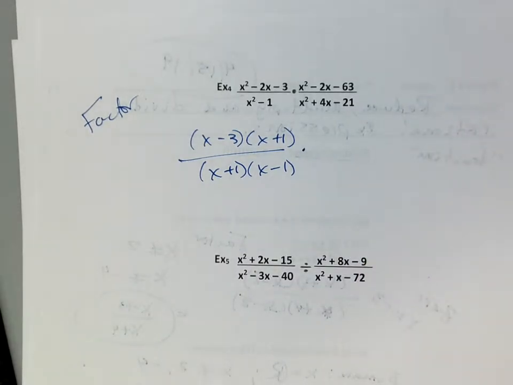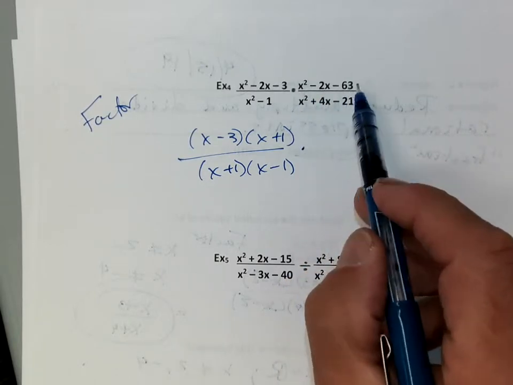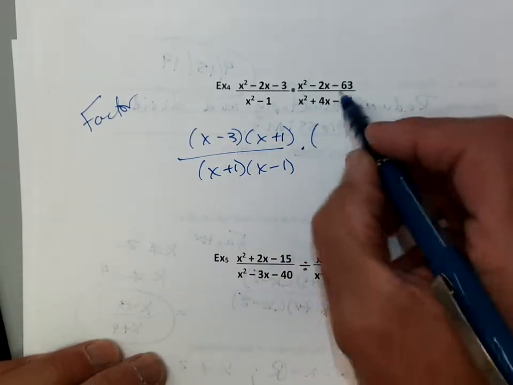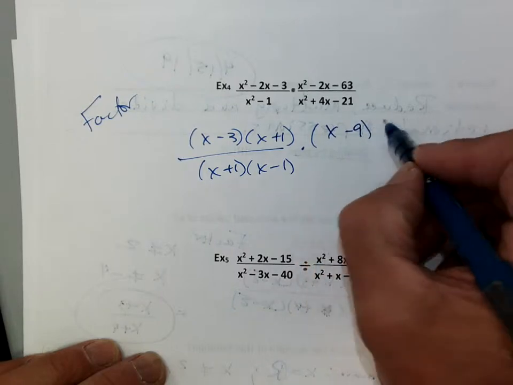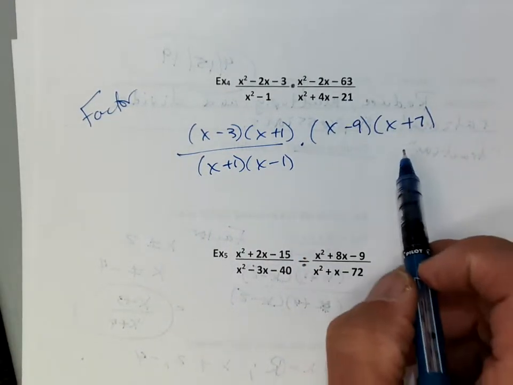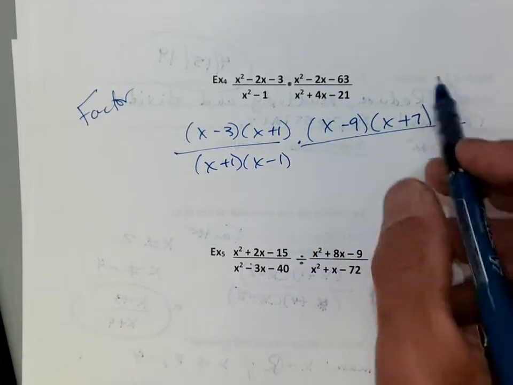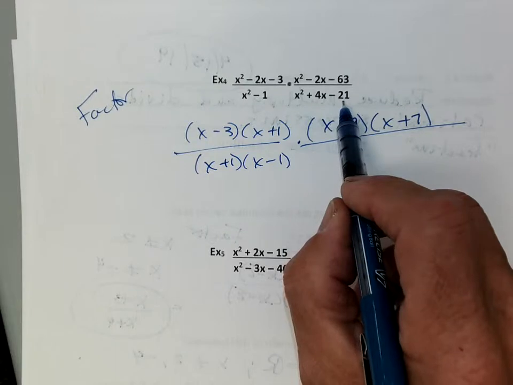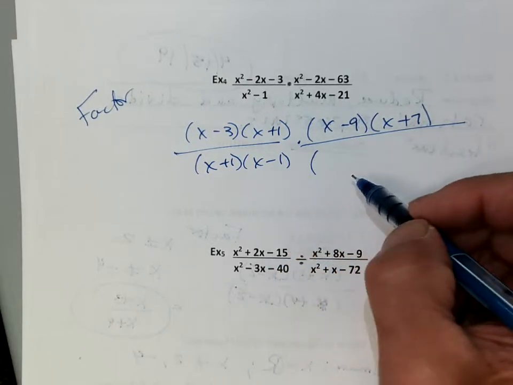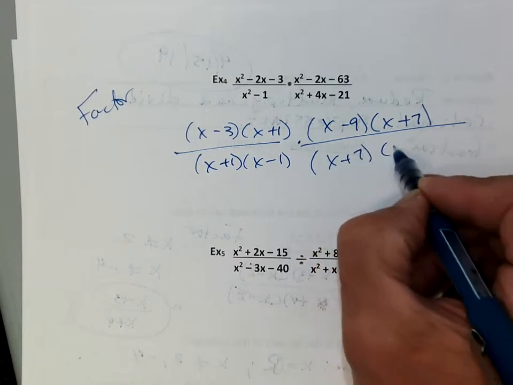The second fraction, x squared minus 2x minus 63, I'll factor the numerator into an x minus 9 and an x plus 7, because 9 times 7 is 63, but I need negative 9 and a positive 7 to make the negative 2. In the denominator, x squared plus 4x minus 21, I'll factor into x plus 7, x minus 3.